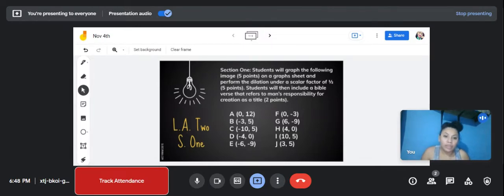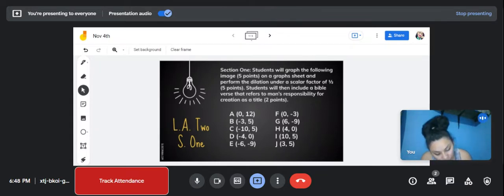So the question is you are to graph the same image, so the same star, it's a 5-point star, the same star that you guys had there. You are to graph it under a dilation of half. So now automatically what you guys should be imagining in your head is that my new image is going to be smaller than this one because it's a dilation of half, it's a fraction.